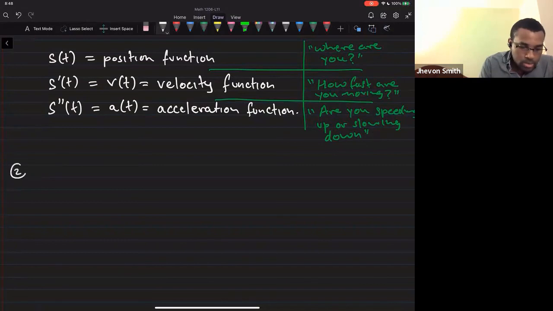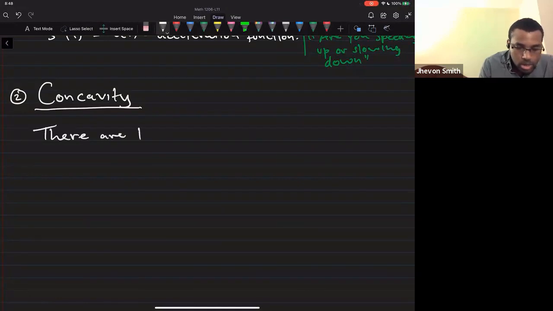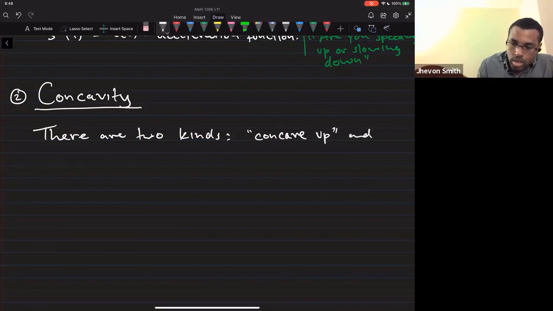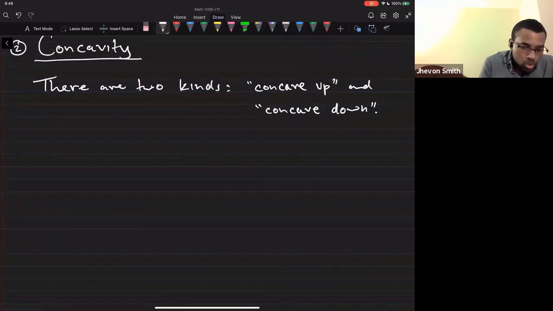is the idea of concavity. And there are two kinds of concavity. You can be concave up and concave down. Let's talk about one at a time.